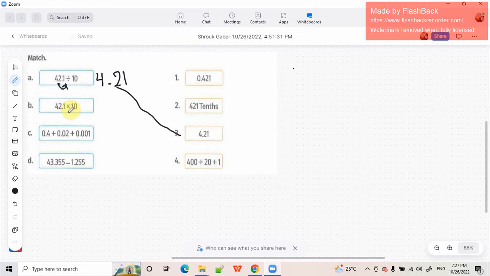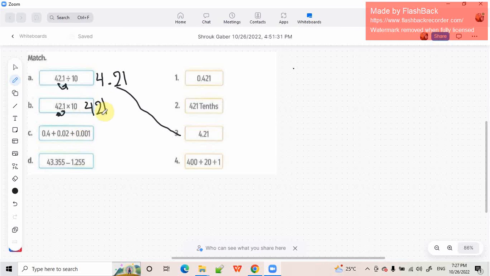Okay, the next one. Times 10. Number increased. When the number increases, the digits go to the whole part. How many digits? I have 10, so I will take one digit. I will take digit 1 to the whole part. It will be 421.